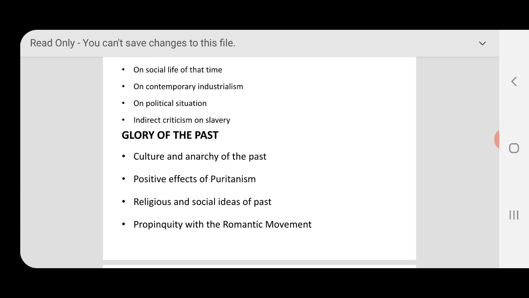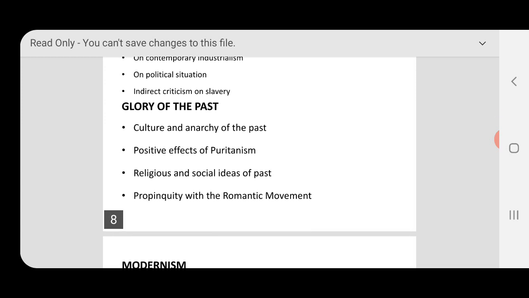That's why they found pleasure in depicting the culture and anarchy of the past in their writings. And the positive effects of Puritanism were also seen in Victorian poetry, and they highlighted religious and social ideas of the past in their writings, and some romantic elements were also there in the poetry of the Victorian period.